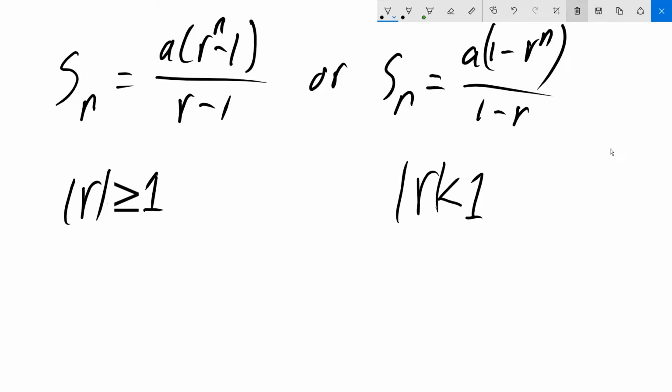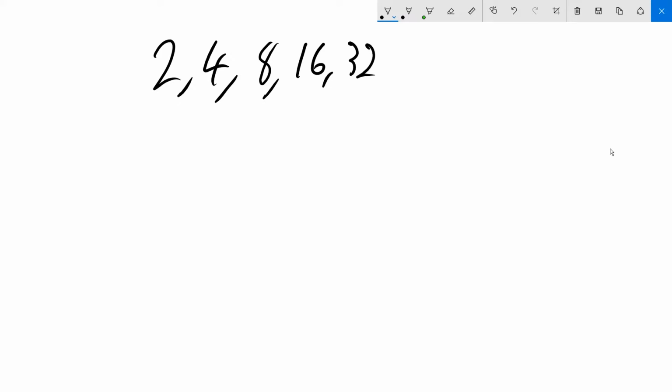So I'm going to do two examples, one where r is less than 1 and one where r is greater than 1. We'll start with r greater than 1. So we have the series 2, 4, 8, 16, 32 onwards, and I want to sum just those 5 terms.